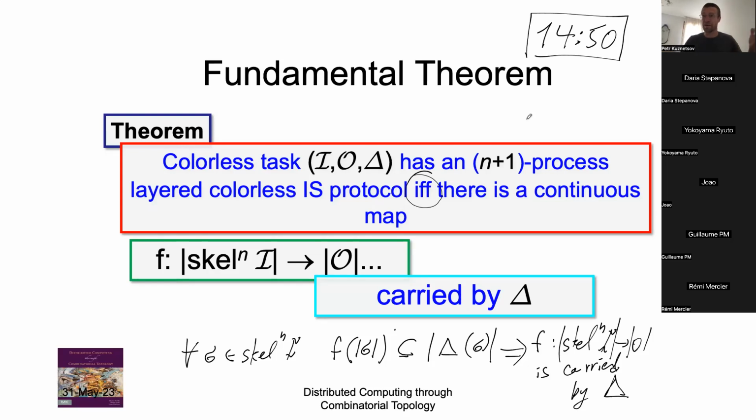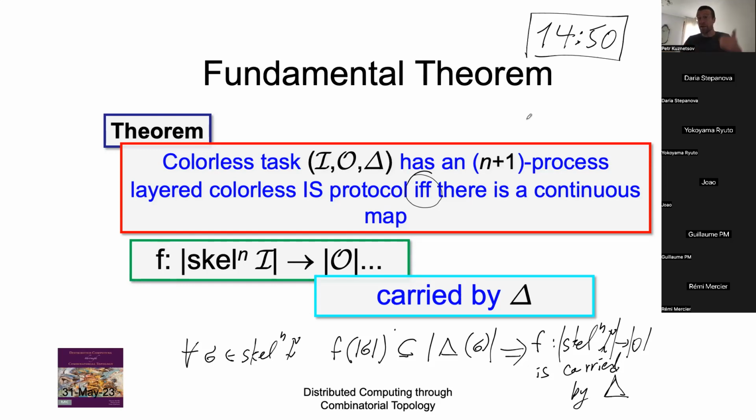Remember that we described this protocol. I just drew these few lines of pseudocode describing a colorless protocol. You run the immediate snapshot in a layered way for L layers, and then you apply the decision map. The decision map is simplicial by construction. It's applied to the vertices resulting after running this protocol, and of course, they map simplices to simplices.